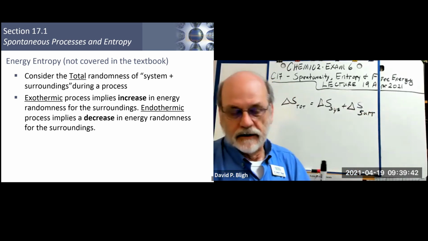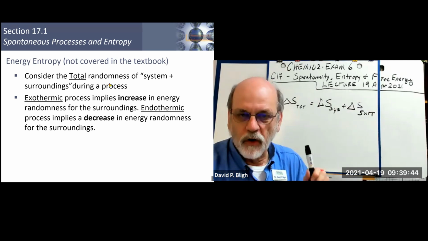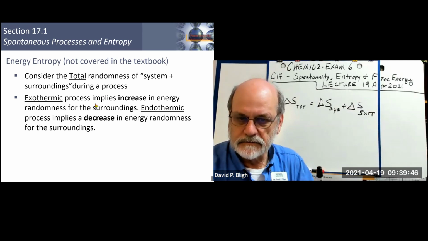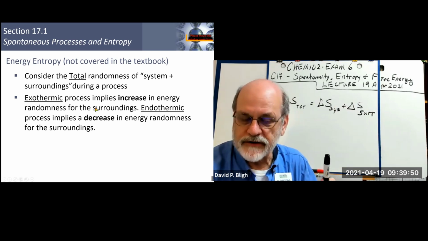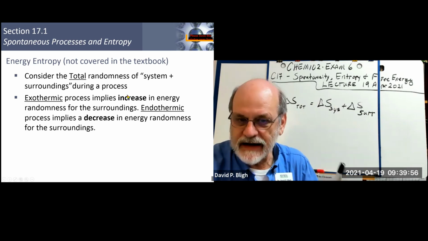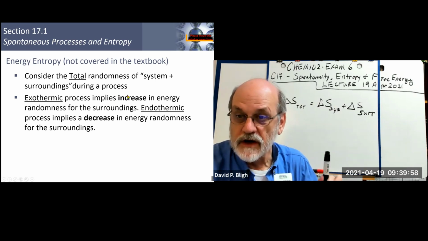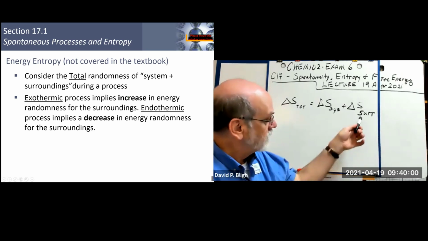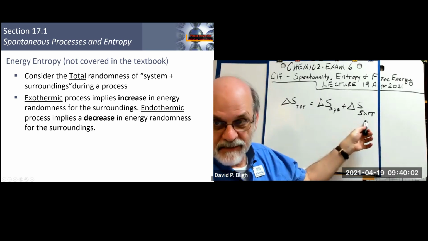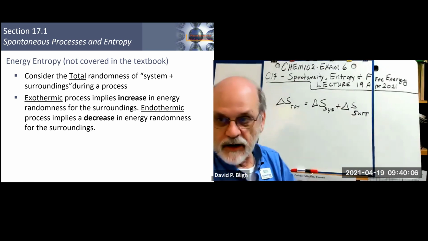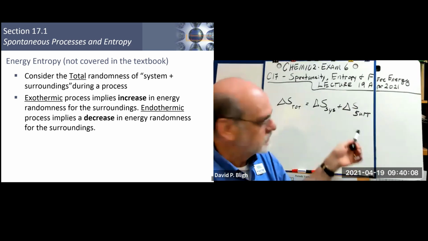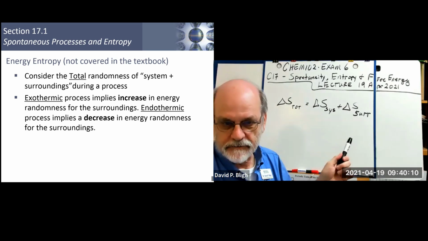Okay. What we would expect is that for an exothermic process, that implies an increase in energy randomness for the surroundings. Right? So that would increase the amount of energy in the surroundings, which would increase the number of energy microstates for the surroundings.